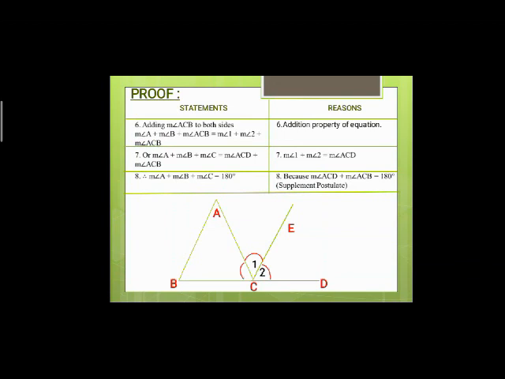That's why we say that angle ACB plus angle ACD, the sum of both the angles, is equal to 180 degrees due to the supplement postulate. So we put 180 degrees in the given equation, and the equation becomes angle A plus angle B plus angle C is equal to 180 degrees.